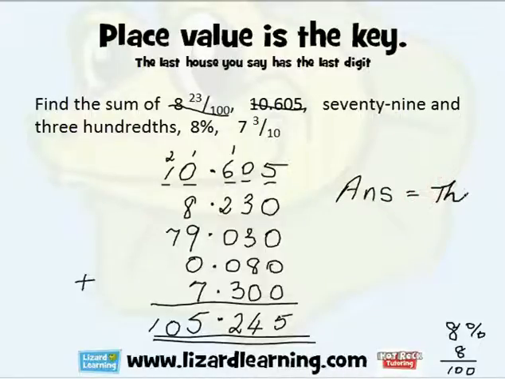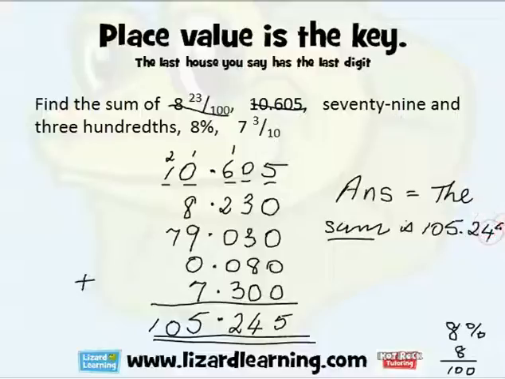I would say the sum, in the words of the question, I wanted the sum is 105 and 245 thousandths. Okay, all set out. You know what the question has asked you, you've shown the working, and you've got the answer in the words of what you were asked to find.